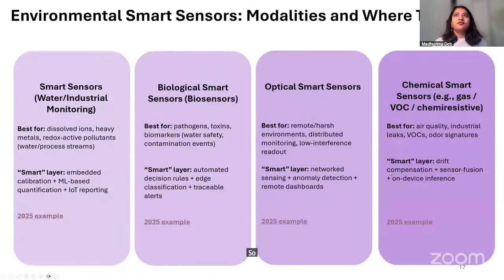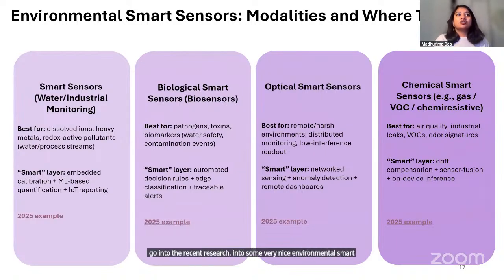So now we go into the recent research into some very nice environmental smart sensors. For example, for industrial water monitoring, we can measure the dissolved ions or heavy metals or redox active pollutants, PFAS, and so on in water.